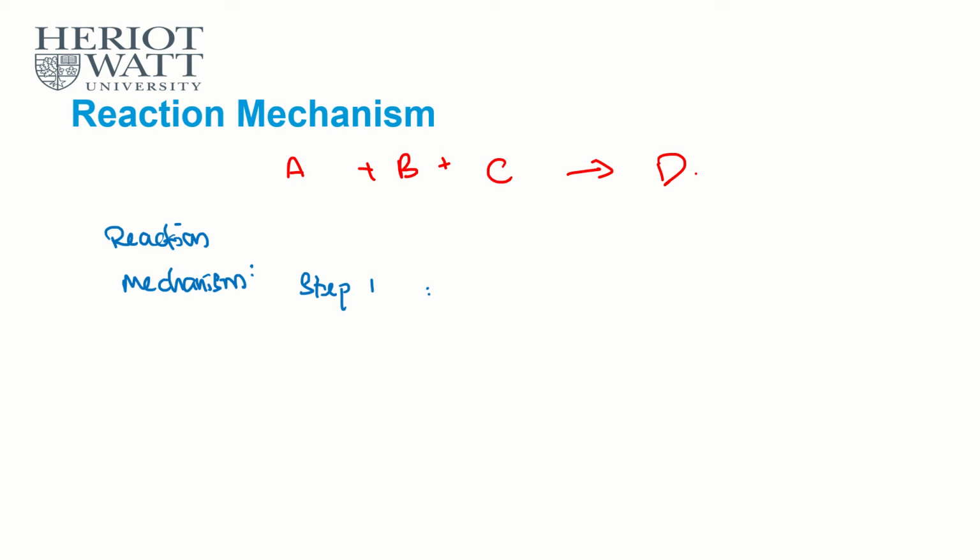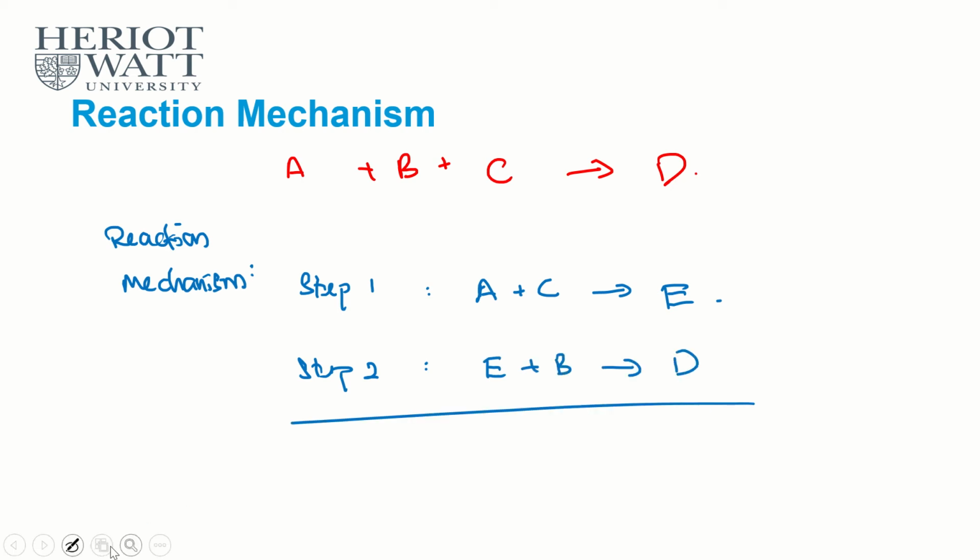Of course, if you study a proper reaction mechanism, you have proper chemical compounds and all this. So let's say step 1: A plus C equals E. You see that A reacts with C first in one step. And then step 2: E plus B equals D.